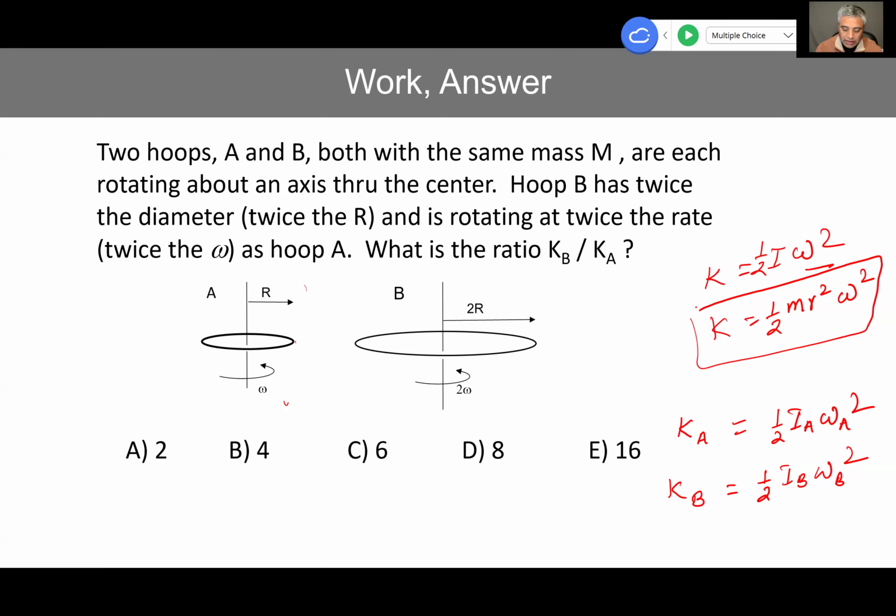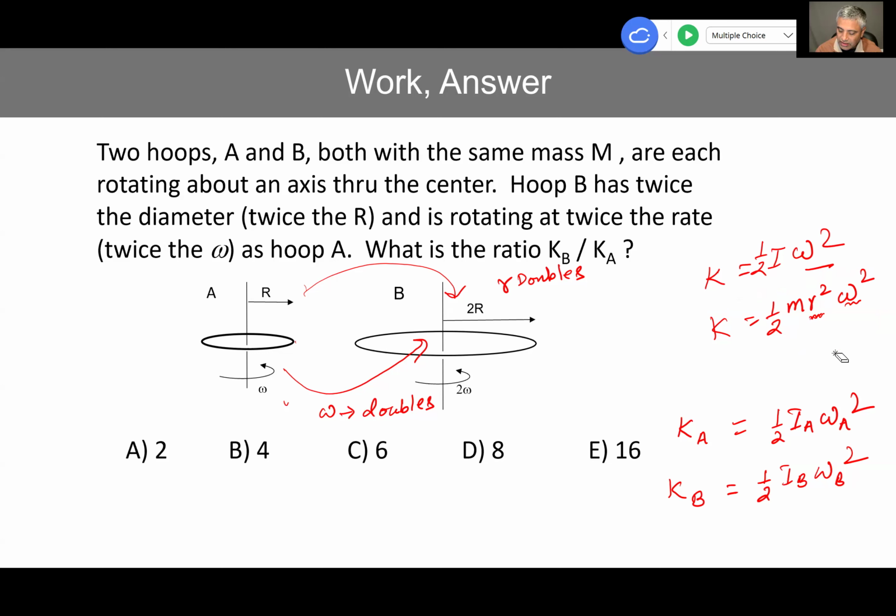Now, compared to this one, that one has doubles: R doubles, and similarly omega doubles. So there is one double coming on the R in the equation, and another double coming from omega. R is becoming 2 times R, and omega is becoming 2 times omega for B.